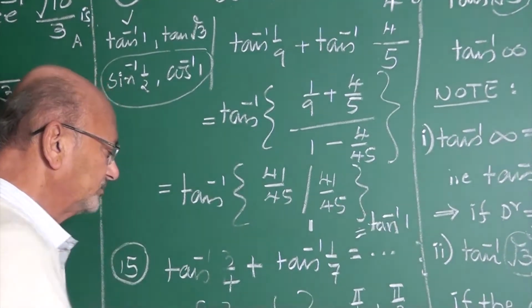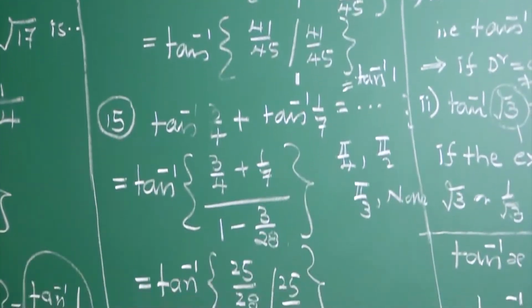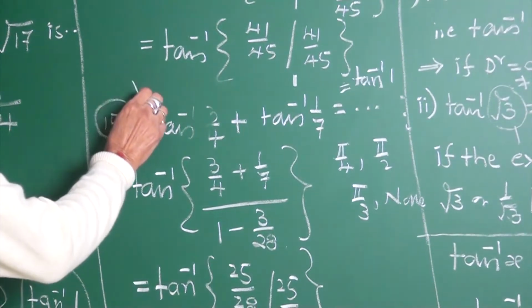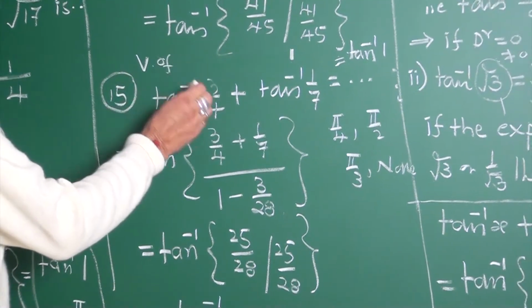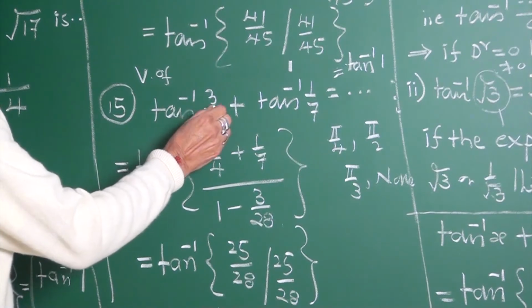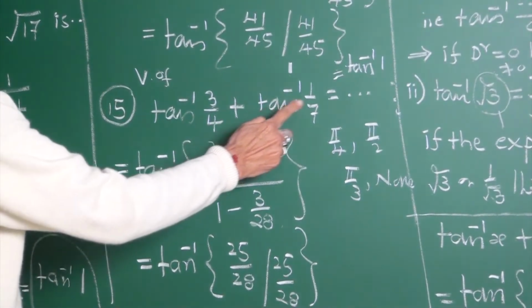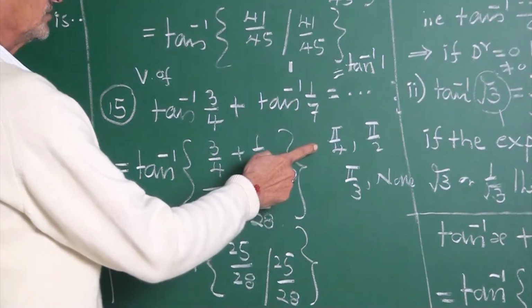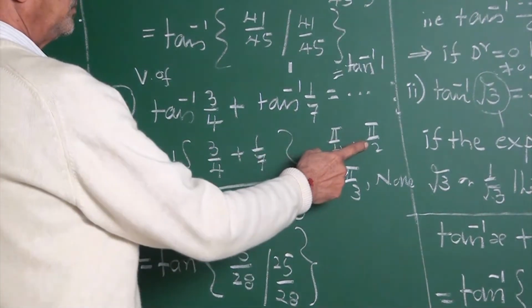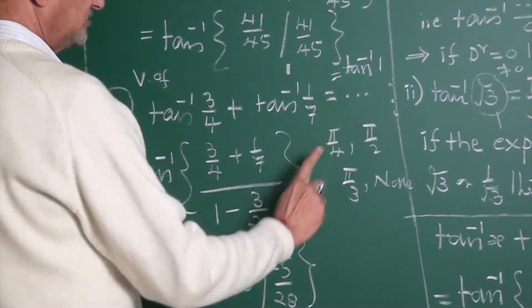Tan inverse 1. Yes. Next one, value of tan inverse 3 upon 4 plus tan inverse 1 by 7 equal to dash. These are the options: pi by 4, pi by 2, pi by 3, none of these three.